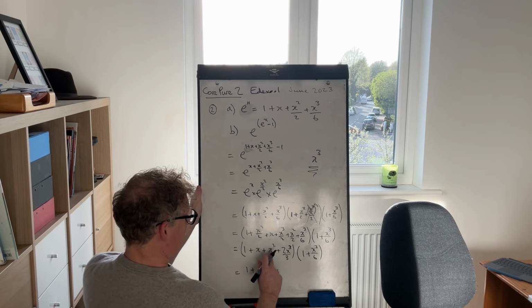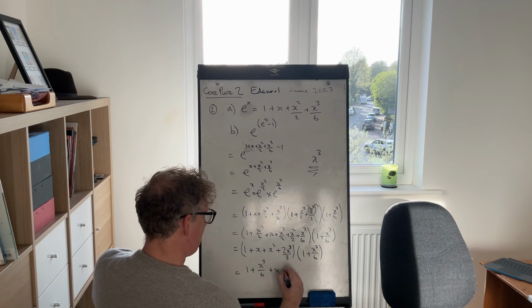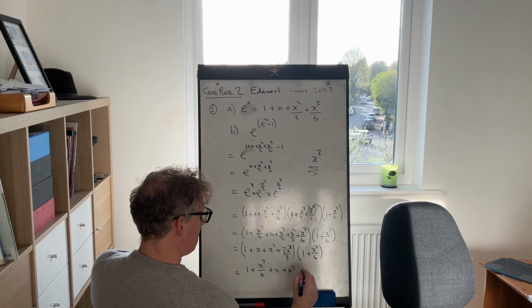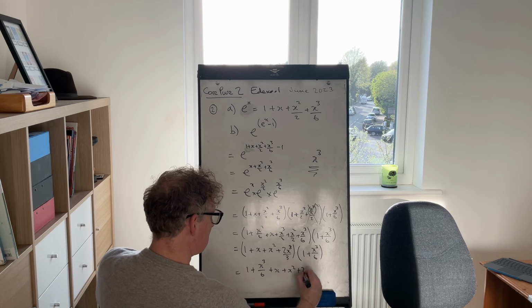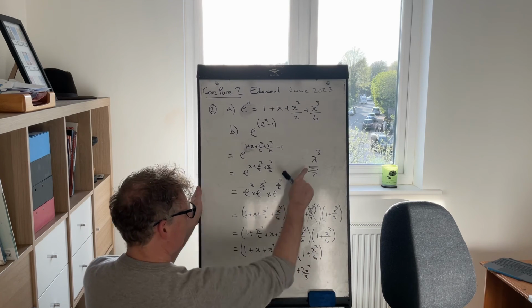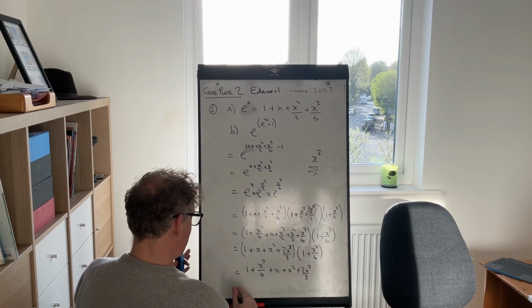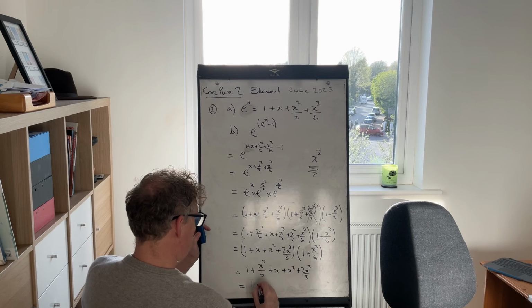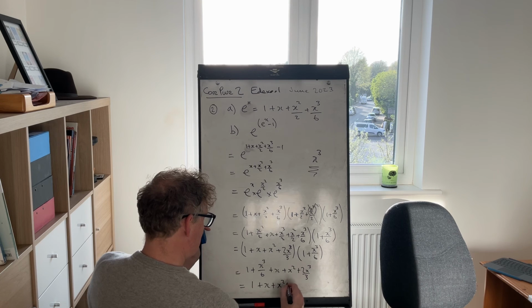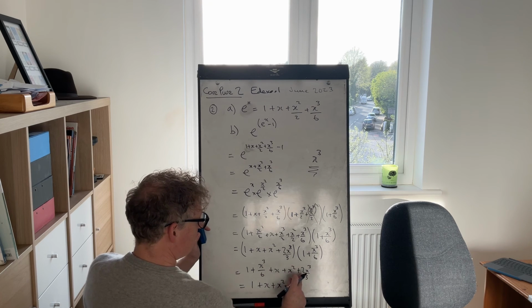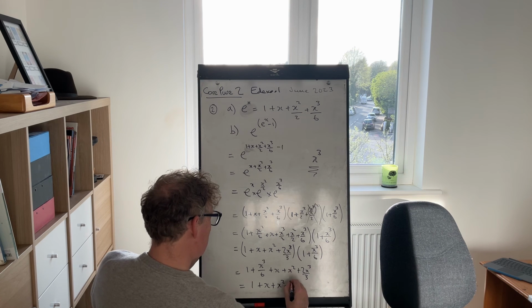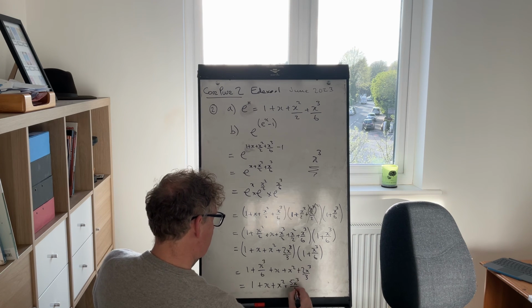So, it's literally just going to be x squared times 1, x squared. And 2x cubed over 3 times 1, 2x cubed over 3. Because all the other terms are giving me powers bigger than x cubed. Simplify it off. 1 plus x plus x squared plus x cubed over 6 plus 2x cubed over 3 is 5x cubed over 6.